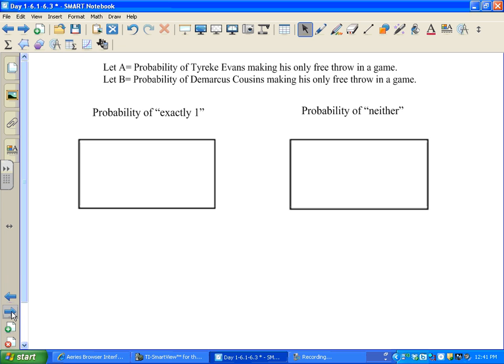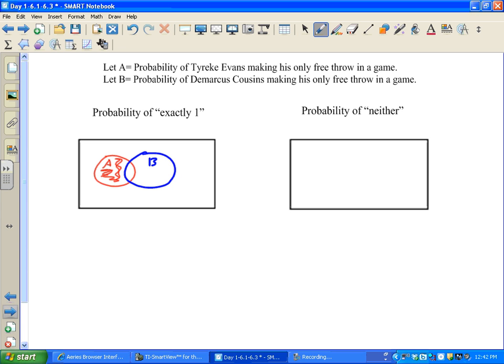Probability of exactly 1. The probability of exactly 1. That means either Tyreek making his free throw or DeMarcus making his free throw. Exactly 1. Again, everything in A is Tyreek making his. Everything in B is DeMarcus making his. Exactly 1. That means Tyreek can make it and DeMarcus can miss it, which hopefully you agree is that area there.